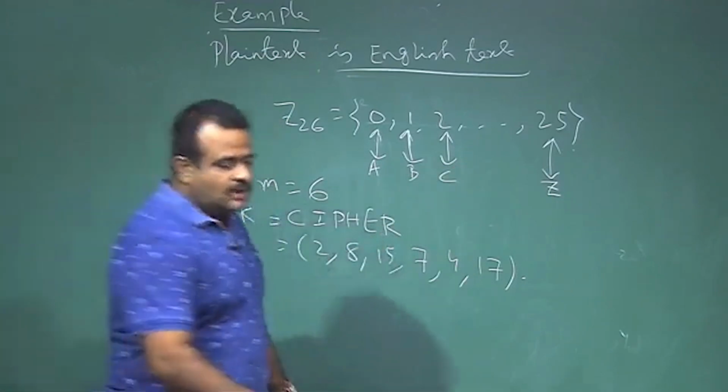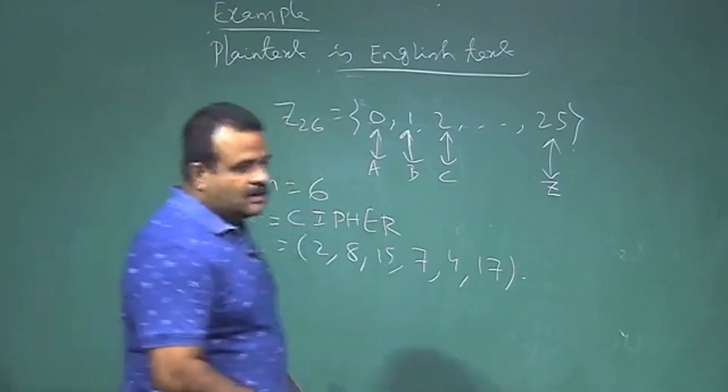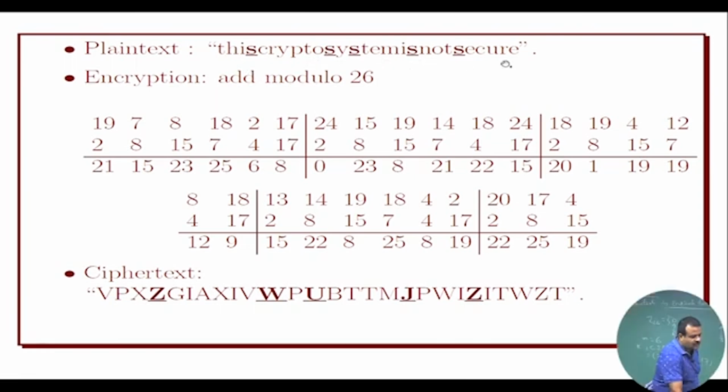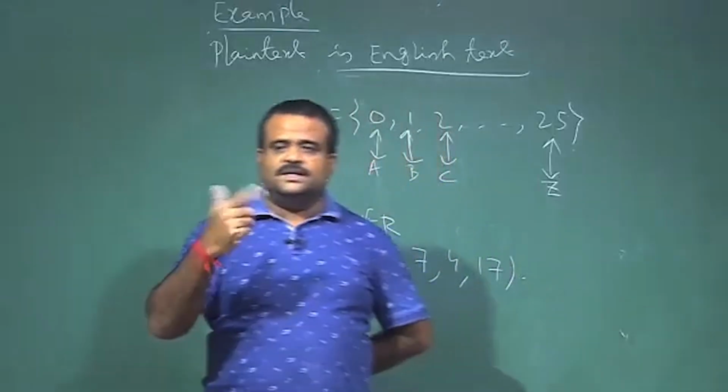Okay. So, now suppose we want to encrypt a plain text, say, this crypto system is not secure. Suppose this is the plain text. So, what do we do? We just convert the English alphabet to integers. We know the correspondence: A goes to 0, B is 1, C is 2, like this.